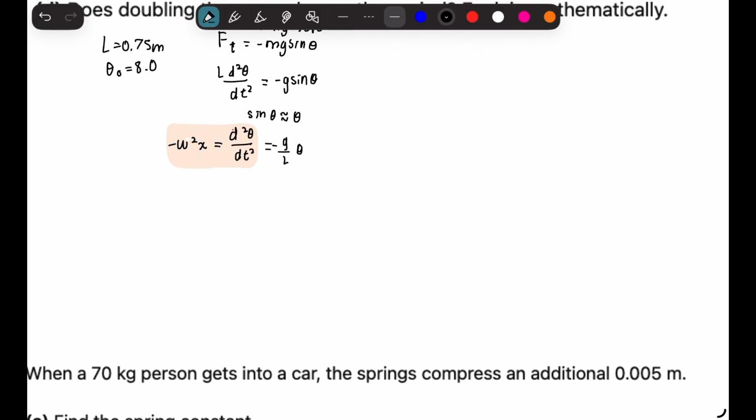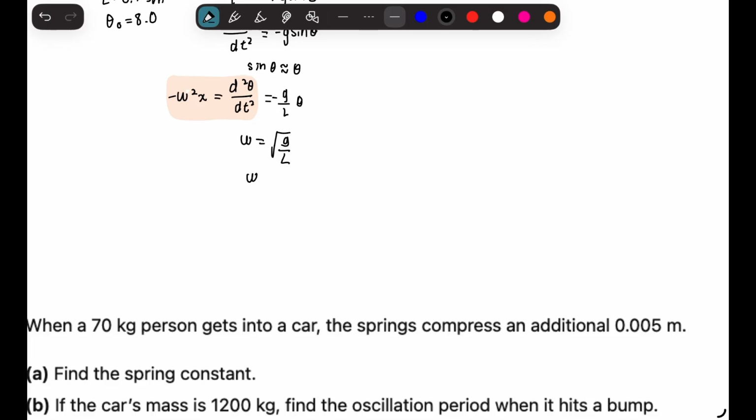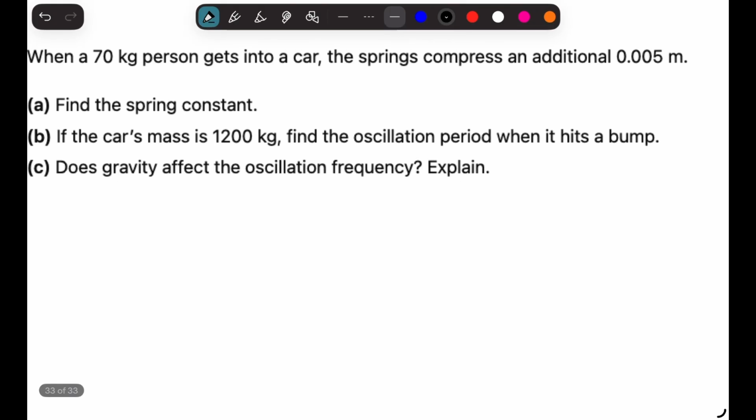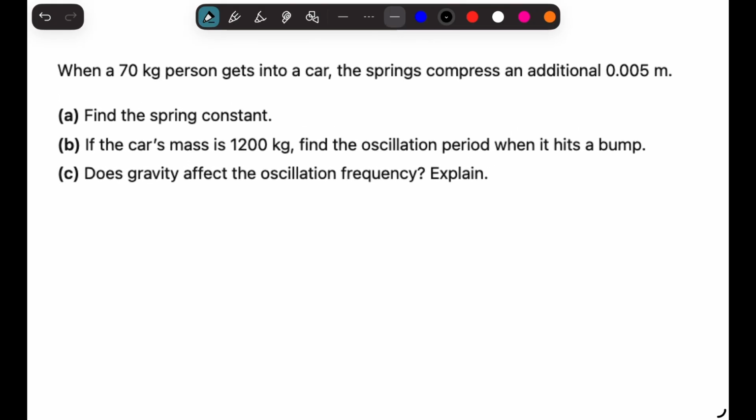So we'll just have that. And what we need is to divide by L. Or no, take the root and divide by x. 3.62 rad per second.